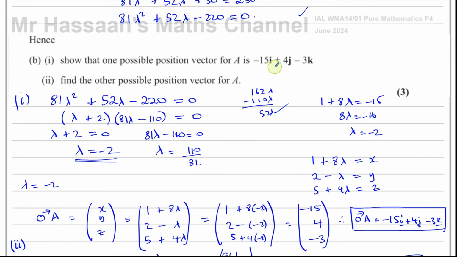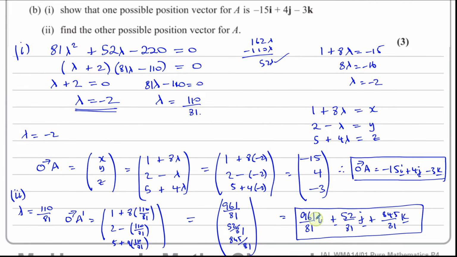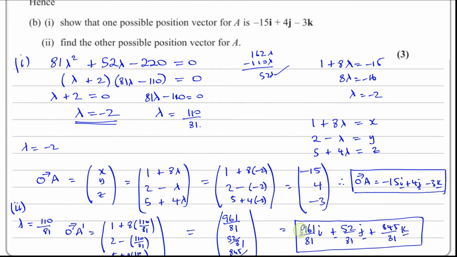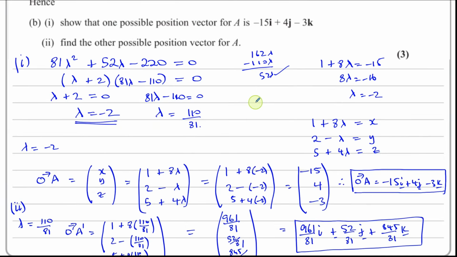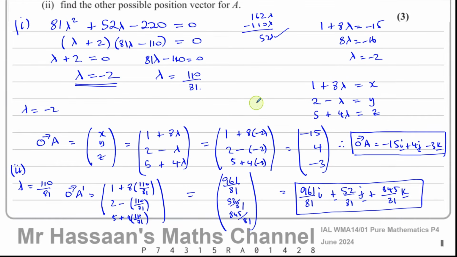So for example here, for part 1, I would definitely put it in this form because they said show that it's this. For part 2, I'm sure they would accept this as well. But just to be safe, write it in the form that they gave you in the question. All right, so there's part 2 of this question.